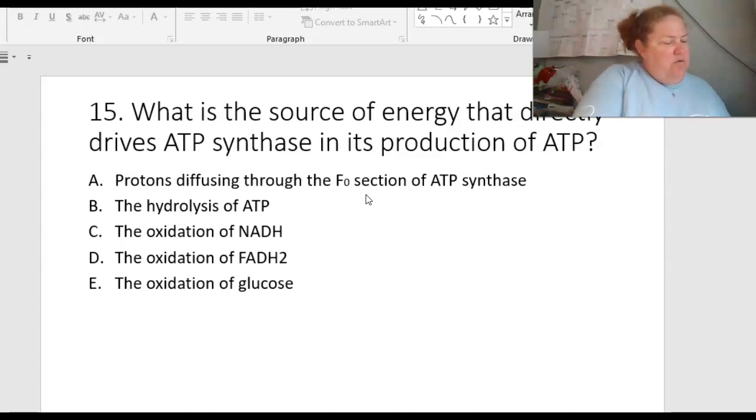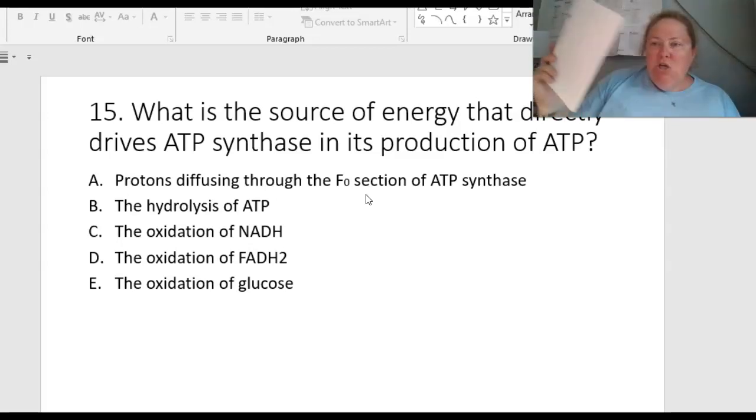And it's going through that proton gradient. Whoa, something's going crazy with my computer right now. That proton gradient, right? That we made. And so the correct answer for this one is going to be the protons diffusing through the F0 section of ATP synthase.